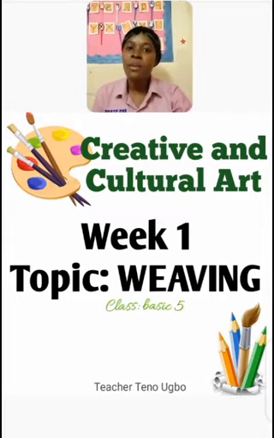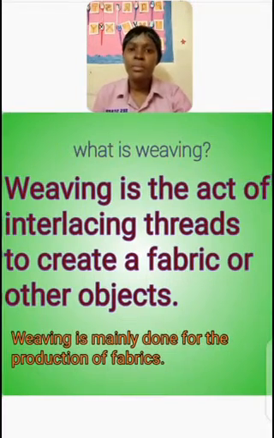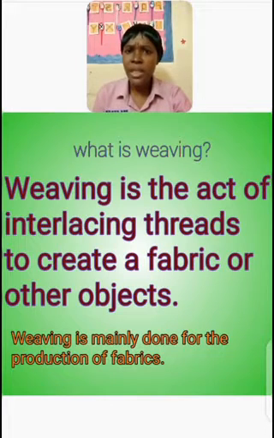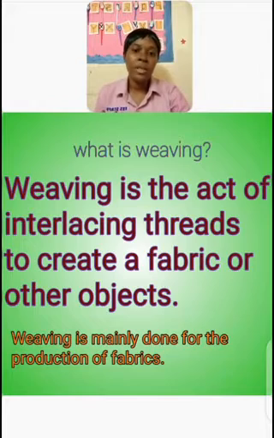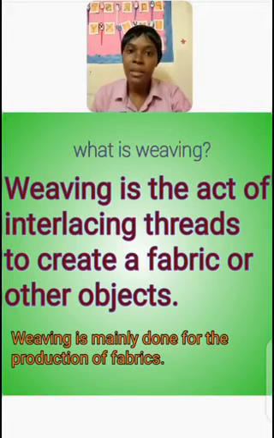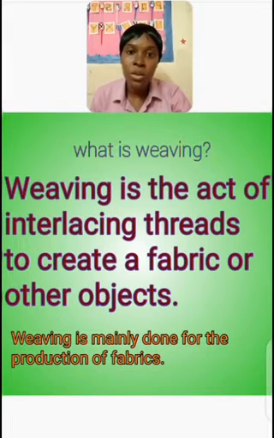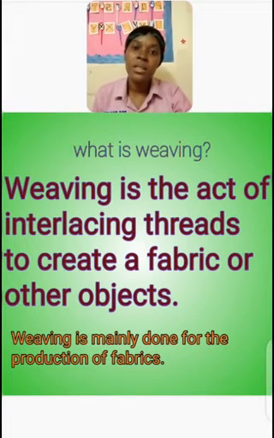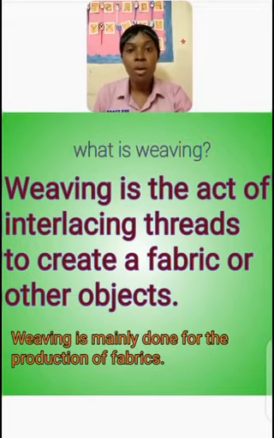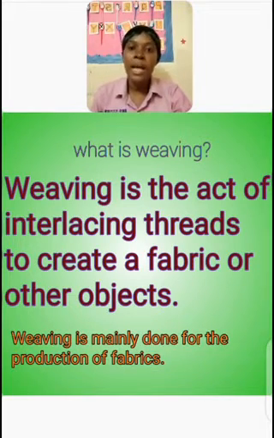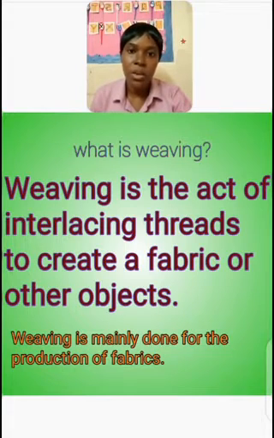But I want to really clarify some things here. When you're talking about weaving in general, that is general in the technical world, so to speak, weaving is restricted to the production of fabrics. But in art, it's strictly different, okay?